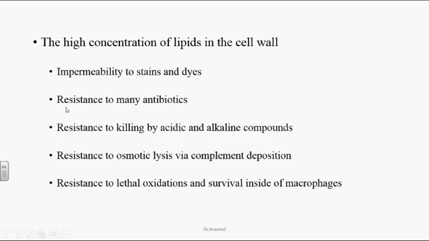And because of high lipid content, it is resistant to antibiotics, resistant to killing by acidic and alkaline compounds, resistant to osmotic lysis or complement deposition, resistant to lethal oxidations, and survives inside the macrophages. This high lipid content makes this organism highly impermeable.